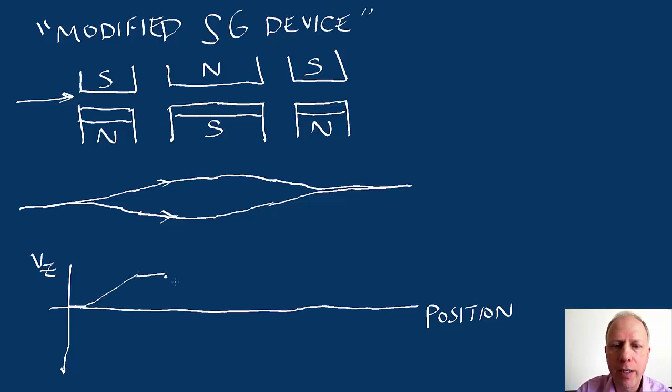The second magnet would take that away and put it back to 0 and then produce a negative z component of velocity. And the third magnet would return the velocity to 0. So the modified SG device splits the beam into two parts and then recombines them. But with the modified SG device, we could in principle block one of those two parts while it's inside the apparatus.